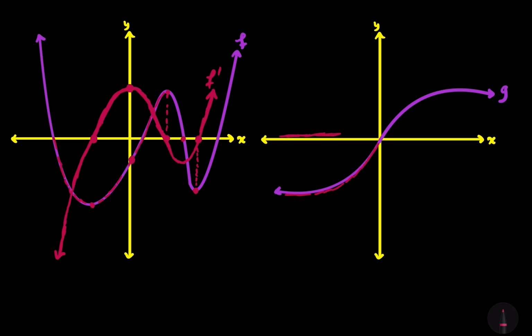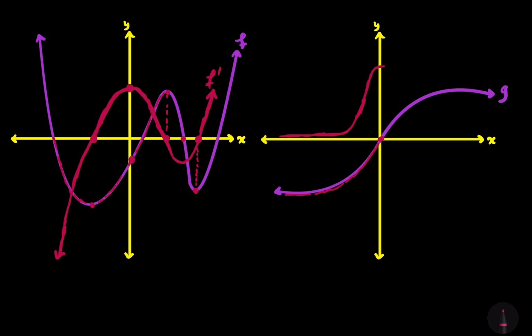But as we start approaching the origin, our function starts to increase at a greater rate. So the slope of our tangent line starts to increase, and so we can say that the derivative of our function starts to increase, and it becomes very, very high, significantly higher. And then eventually we'll reach the origin, right?